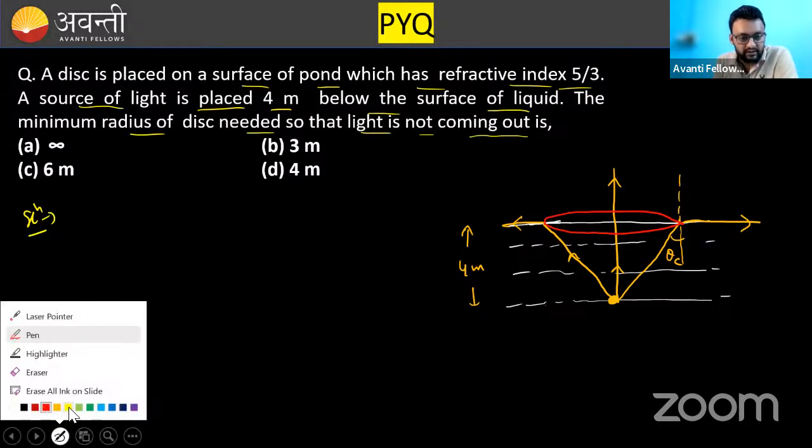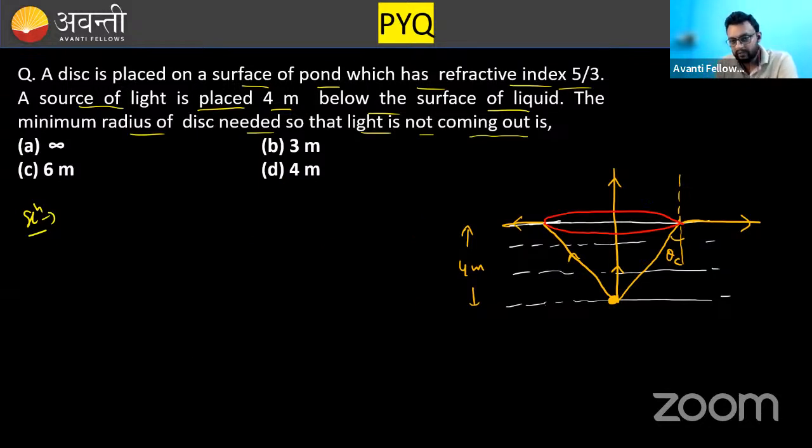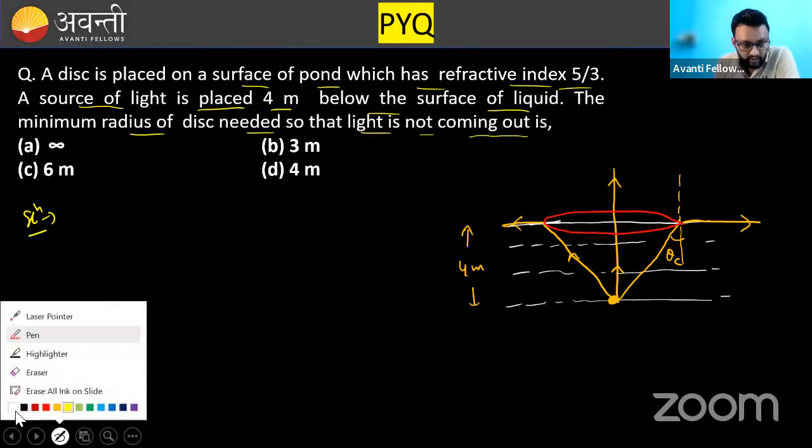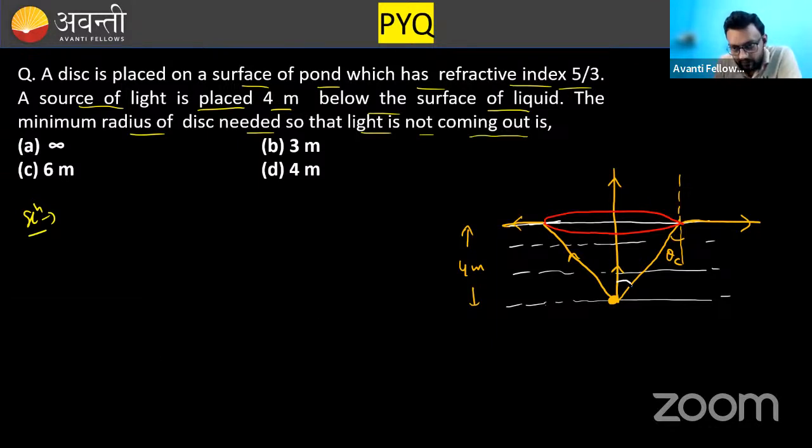The radius of this circle is, now listen to me a little bit. This is theta c, then by alternate interior angles, this angle is also theta c. Clear? Theta c is the critical angle. Refractive index of the water is given as 5/3, and outside is air. Air has a refractive index 1.